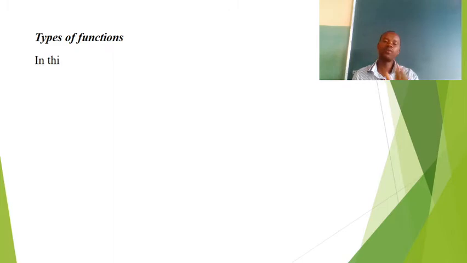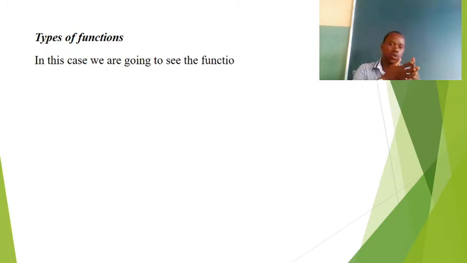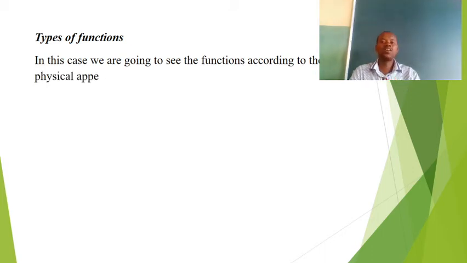Now let us go to the types of functions. In this case, we are going to give types of functions to differentiate functions according to their physical appearance. It means that when you have a look at a given function, when you read a function, you will know that it is this kind of function.